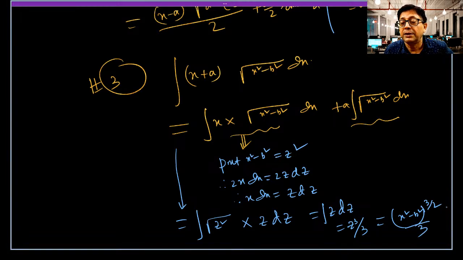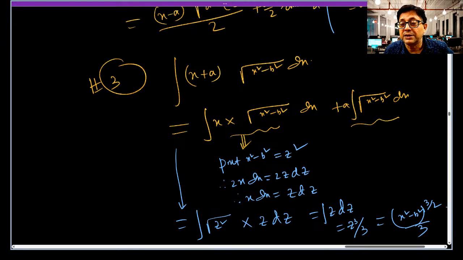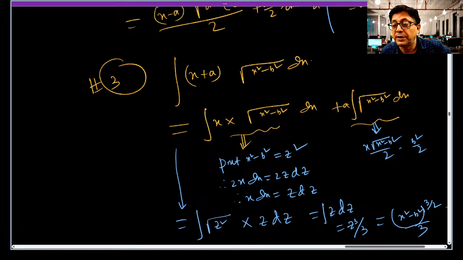So this you write. How will you write this? The second part, x root over x square minus b square by 2 plus or minus b square by 2.